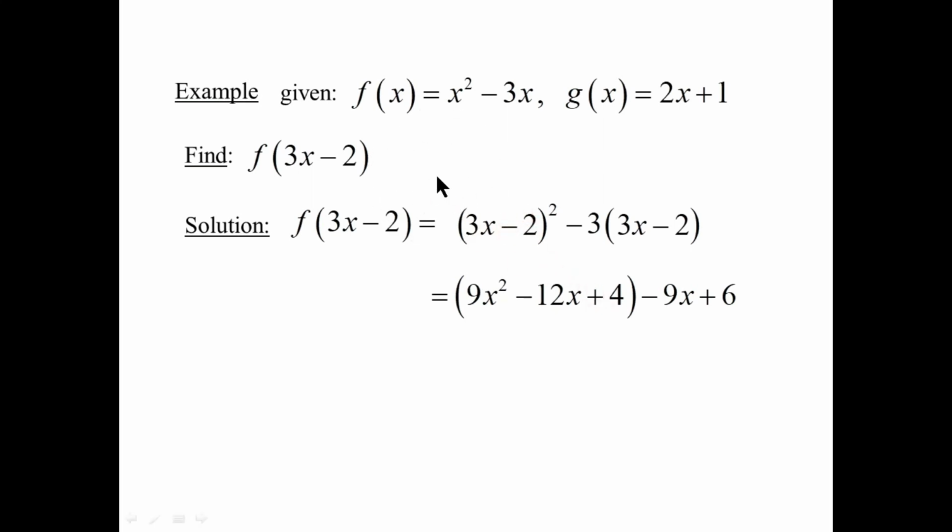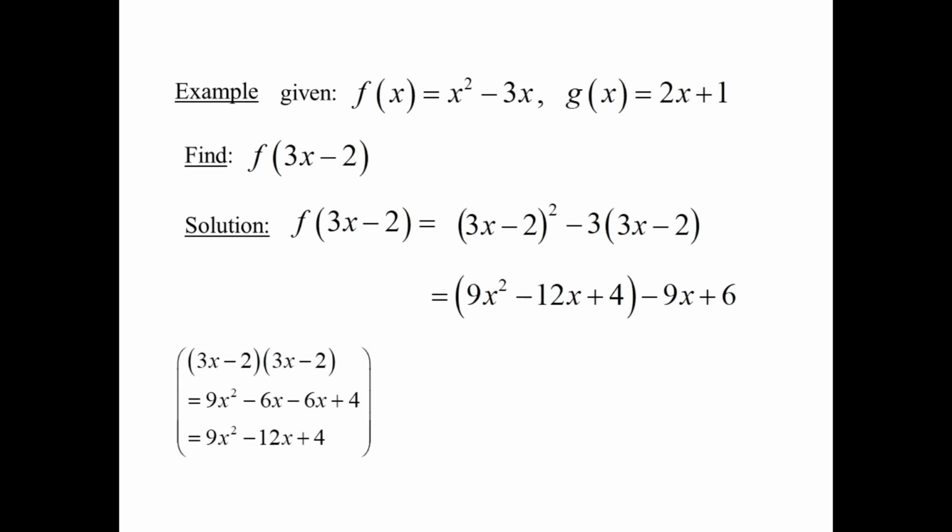Just showing you that this is true over here in rough. Take 3x minus 2 and multiply it by itself, because that's what squaring means. And we would get 3x times 3x, which is 9x squared, 3x times minus 2, which is minus 6x, and then minus 2 times 3x, which is minus 6x, and then minus 2 times minus 2, which is plus 4.